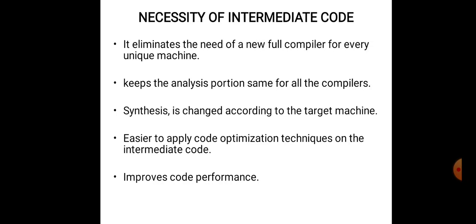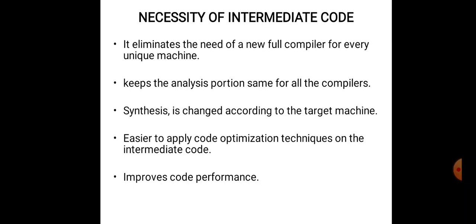That means no matter which compiler it is, it can use the same analysis portion, and then move on to generate its own target machine code. And the third reason is, the compiler, after the intermediate code generation, can simply focus on synthesis according to the target machine.